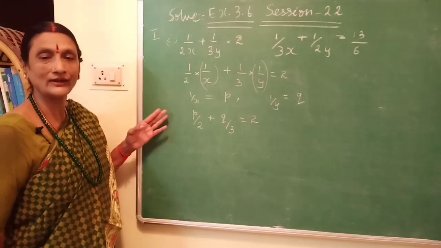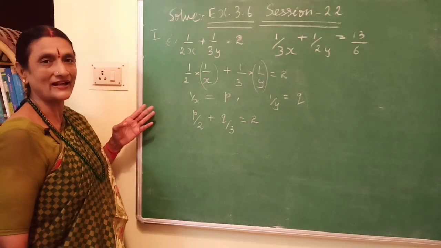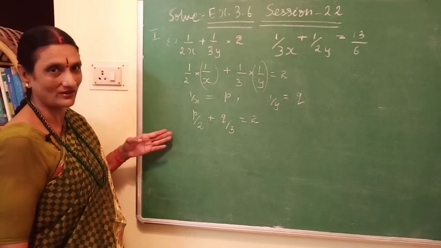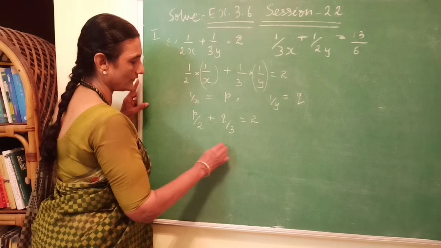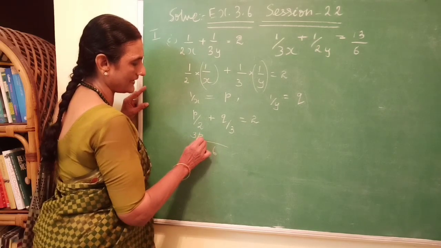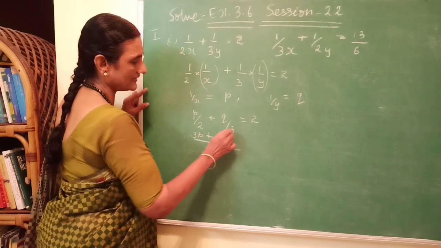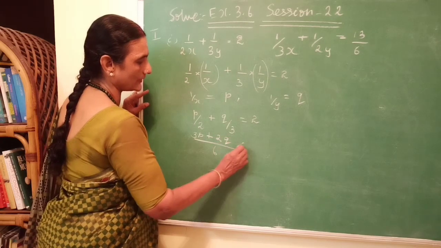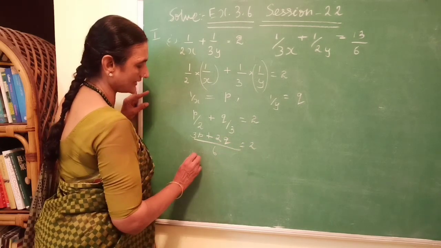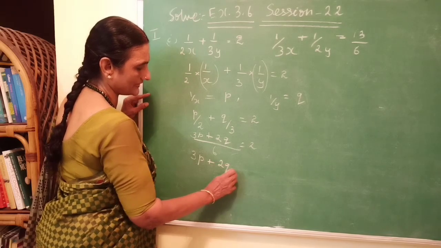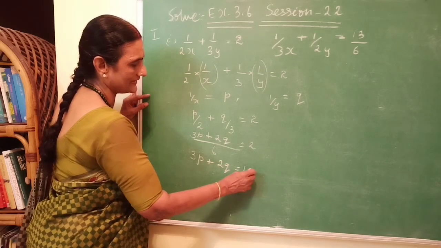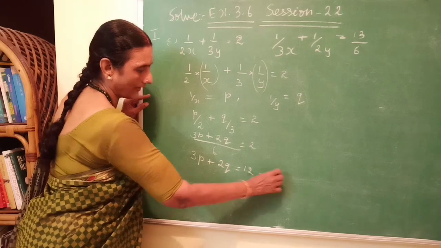Now look at the power of p and q. They are linear powers. Therefore, we can solve it. Now, taking the LCM as 6, you will get 3p plus 2q is equal to 12 on simplification, which is equation number 1.